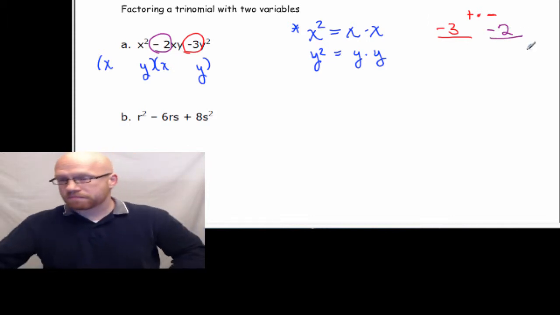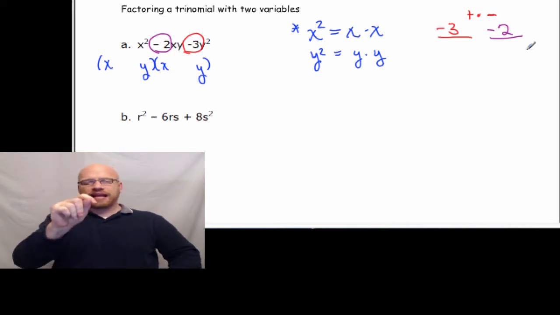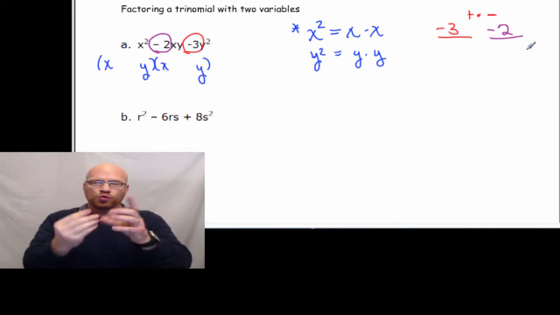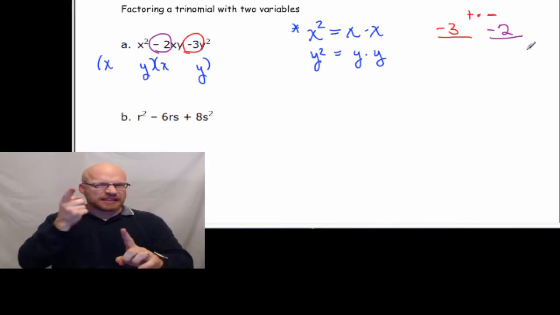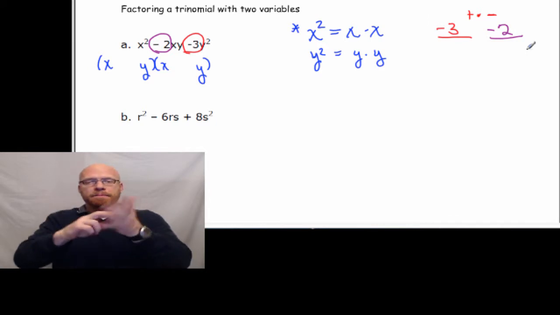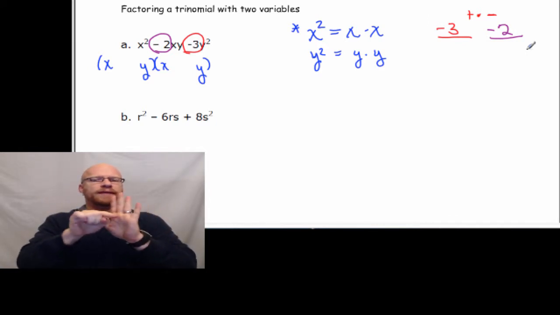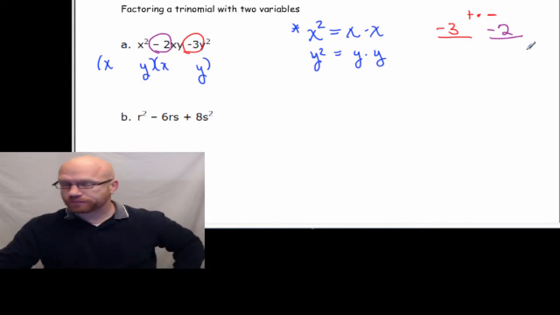Okay. Now this tells me another hint or something to think about as you grow in your experience with this: negative 2 in the middle term tells me when we have the two factors to multiply together, the larger number has to be negative. Okay?